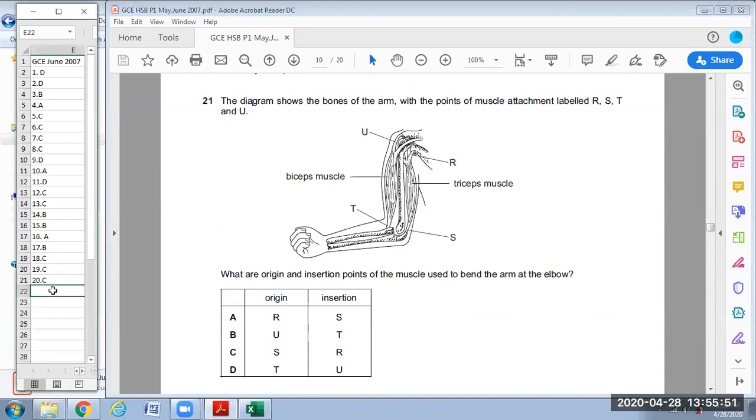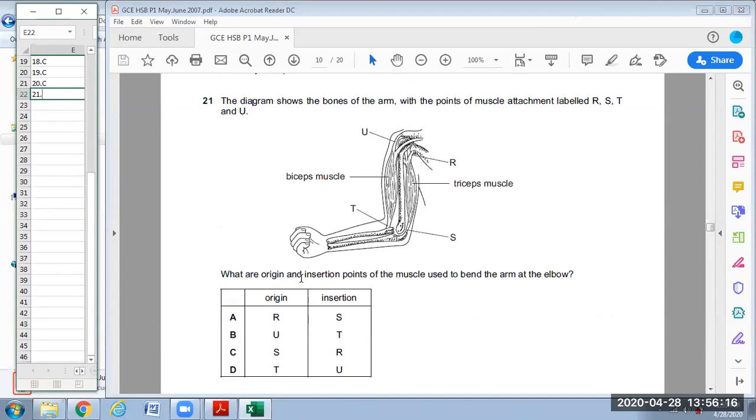The diagram shows the bones of the arm with the points of muscle attachment labeled R, S, T and U. What are the origin and insertion points of the muscles used to bend the arm at the elbow? All right, so origin is always on the top, insertion is always at the bottom.